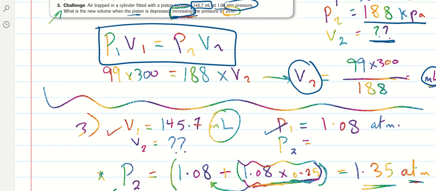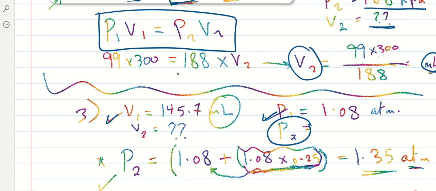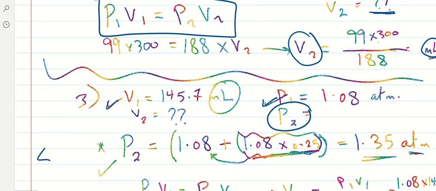So here I have P1 and I have V1, but I don't have P2 because they said it is increasing by 25%. So step 1, I have to calculate P2.